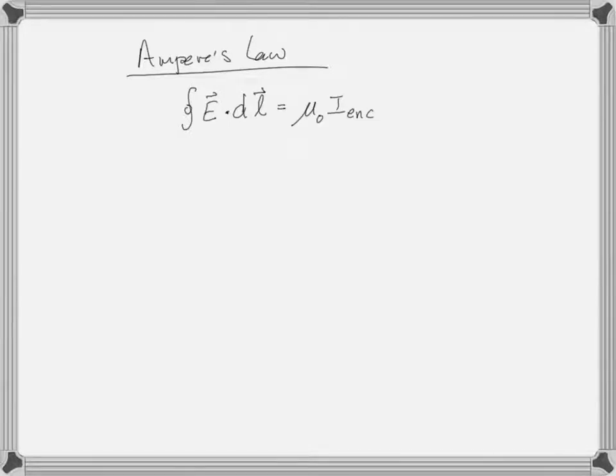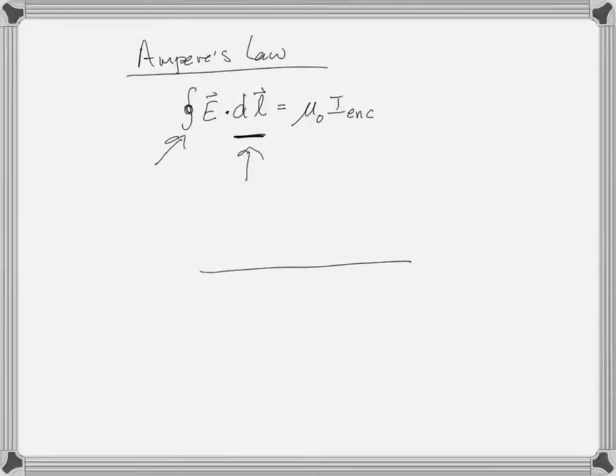Okay, let's talk about this. B dot dL integral, and there is the little closed circle there. I'll explain that. In this case, the integral is over a line rather than Gauss's law, which was over an area. And so this is for a closed loop, right?